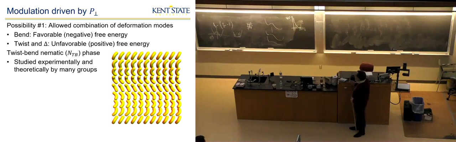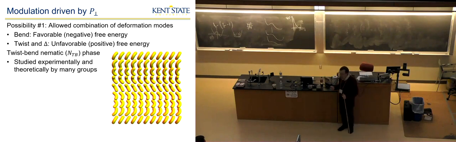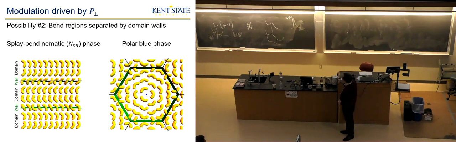This has been studied experimentally and theoretically over the last 15 years or so. This is a relatively new thing in liquid crystal science. Alternatively, there are speculations that you could get something more complicated like this.